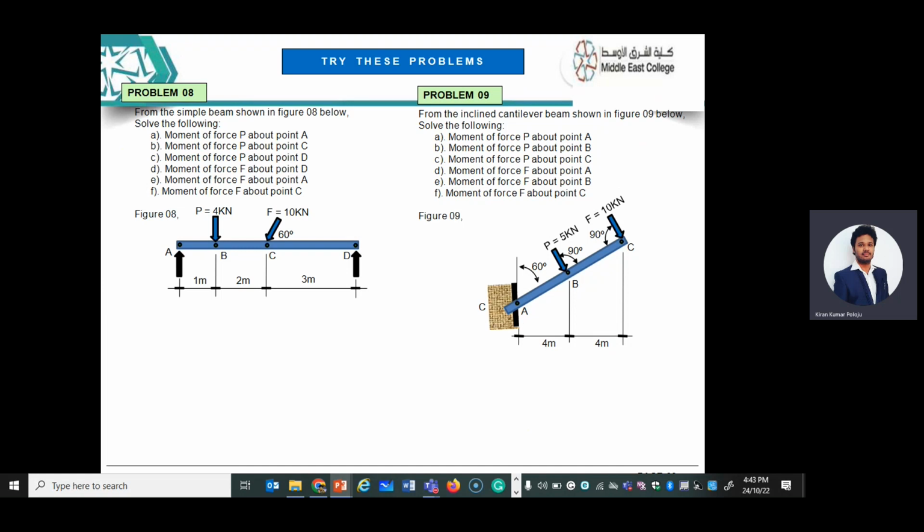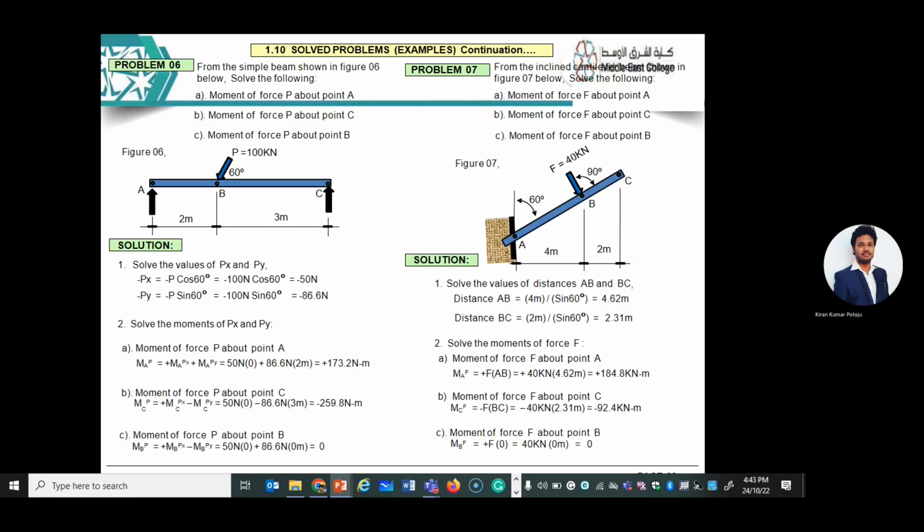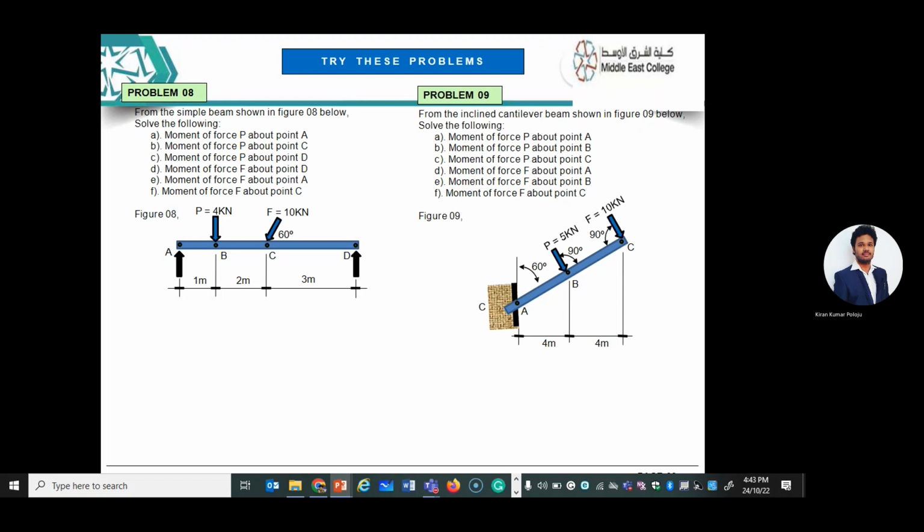So what is asked here? Moment. So this is the given question and these are the required. First, what is required? Moment of P. Isn't it?